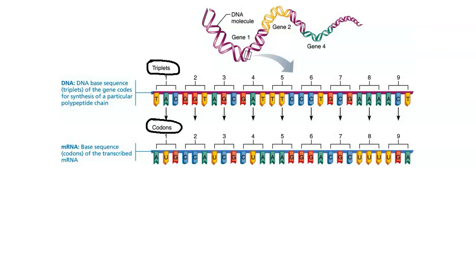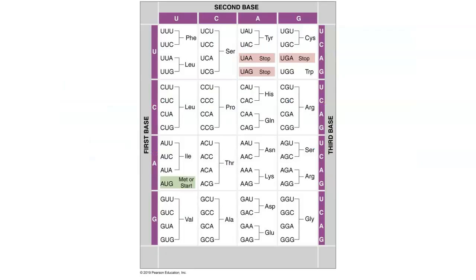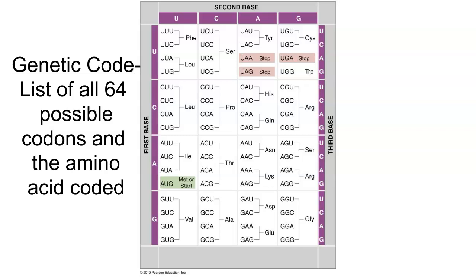So codons are a feature of messenger RNA. If you're talking about a codon, then you're talking about messenger RNA. The DNA that codes for the codons contains 3-base sequences that we call triplets. So like we were saying, there are 64 different possible codons, and this is what's known as the genetic code.